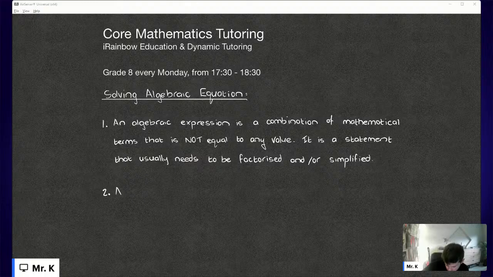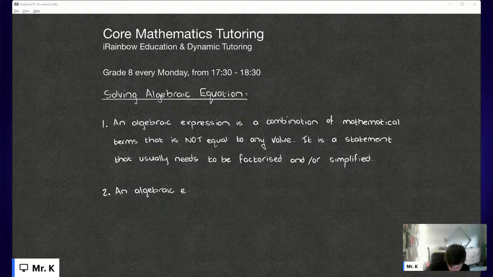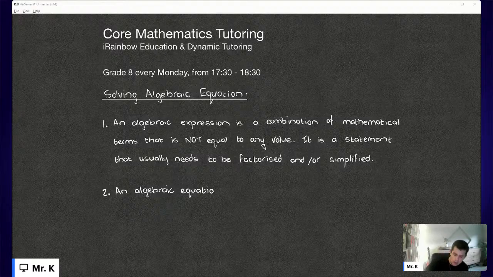We want to specifically talk about an algebraic equation. So if we had to define that in more understandable terms than a lot of textbooks might put them into, what would we write down?